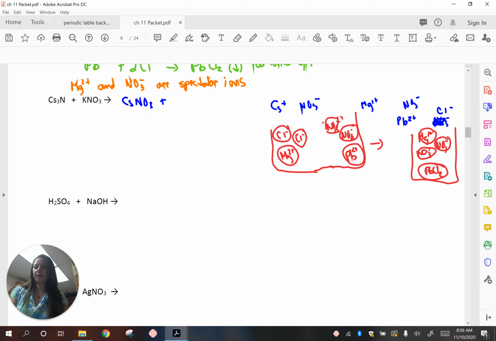And then my K and my nitride, so K plus and N3 minus, so K3N. I need to balance this, so I need 3 of these, 3 of these, and that's it. Okay, so this is my molecular equation.